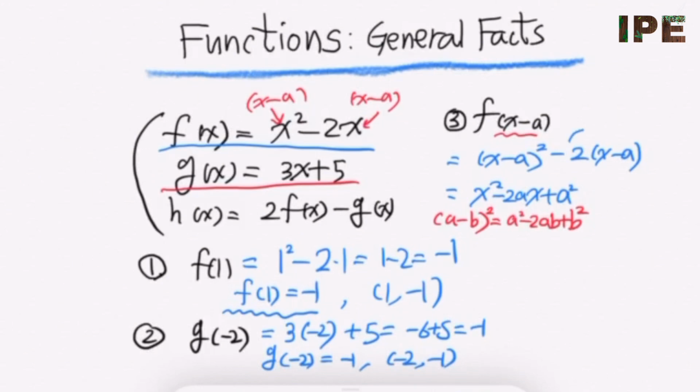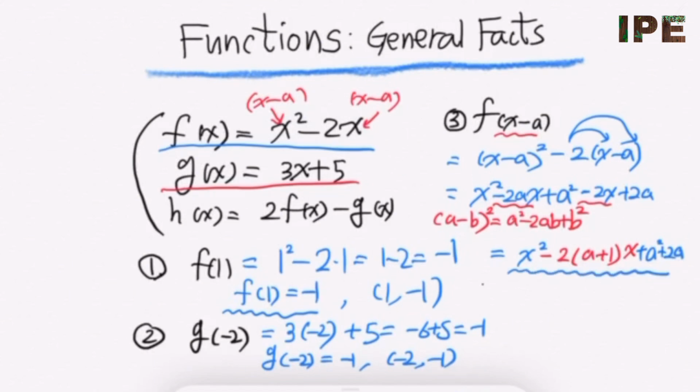And then you have to distribute properly by negative 2: negative 2x plus 2a. So x squared, and then negative 2ax and negative 2x have a common factor of negative 2 and x. Take it out: negative 2, then (a plus 1) x. And the last term, the constant, is a squared plus 2a. So this is the answer.